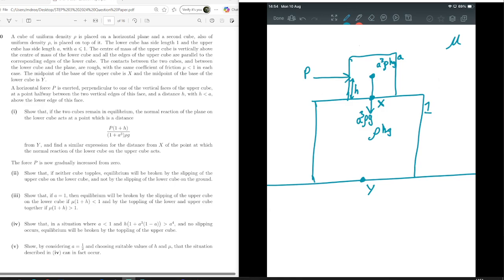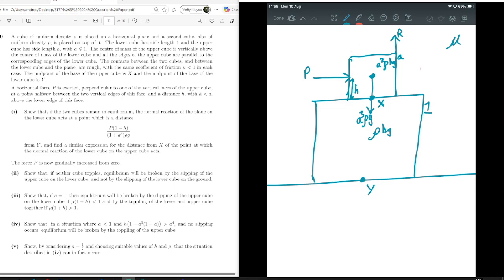We're going to have a reaction force, and where this reaction force goes will depend on the situation. I'm actually going to automatically put it on this edge here, because if this is going to topple, it's going to topple this way. And if it's not toppling, then the R can be placed basically anywhere around.